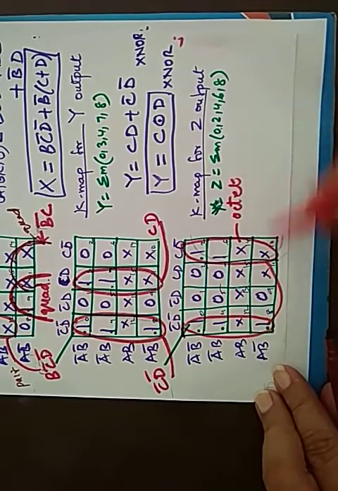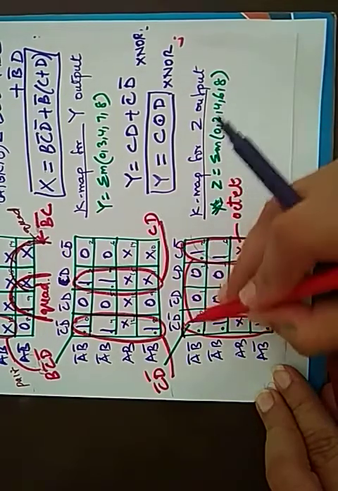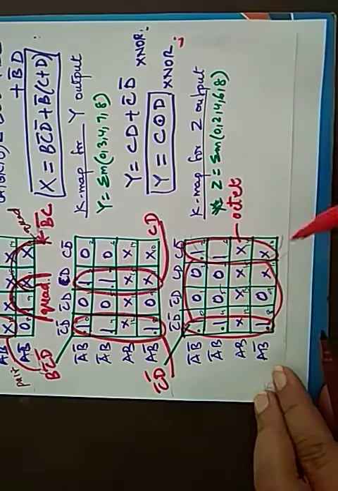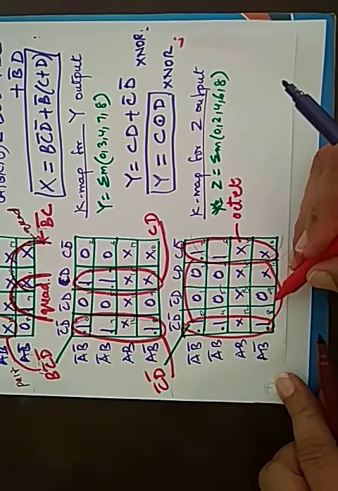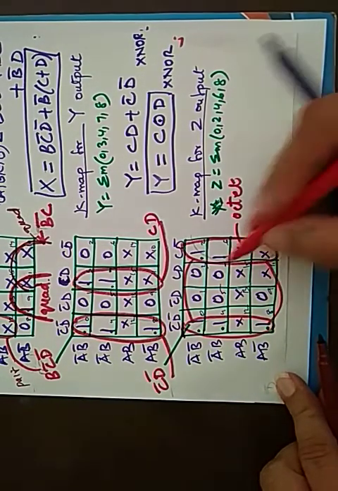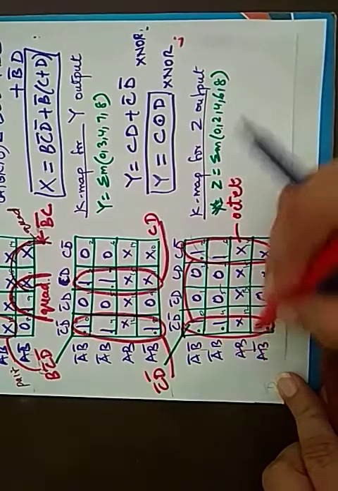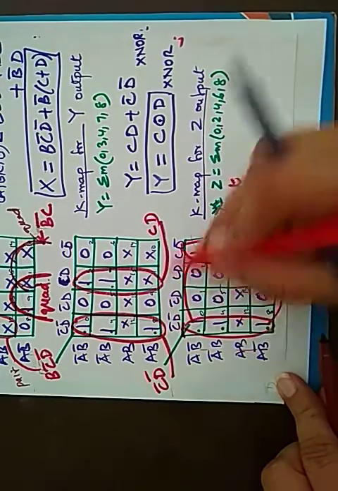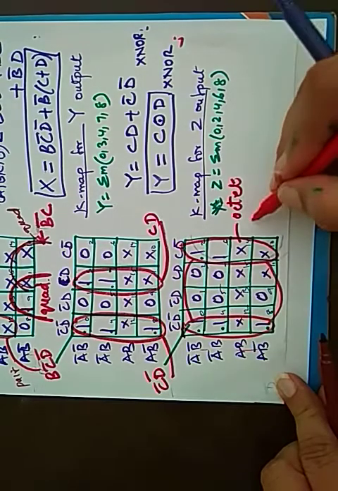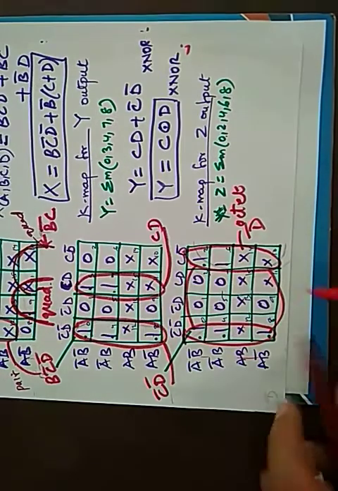Fold the map vertically, so it becomes an octet. So I join it like this, it's an octet. It will eliminate 3 variables. Let's see the value of this octet. We see that the rows all are getting eliminated. From these 2 columns, you are left with the common term D bar.